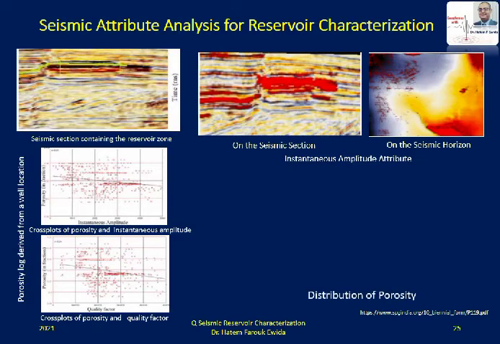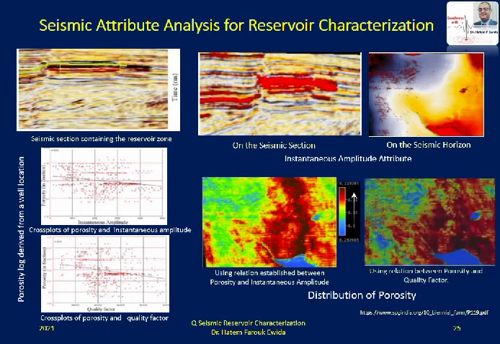They got the distribution of the porosity when they found the relation using these attributes. They have the distribution of the porosity on the instantaneous amplitude and the quality factor, as you see. You have the color bar, high porosity is there in the red, so you know now in your area where the higher porosity reservoirs are.